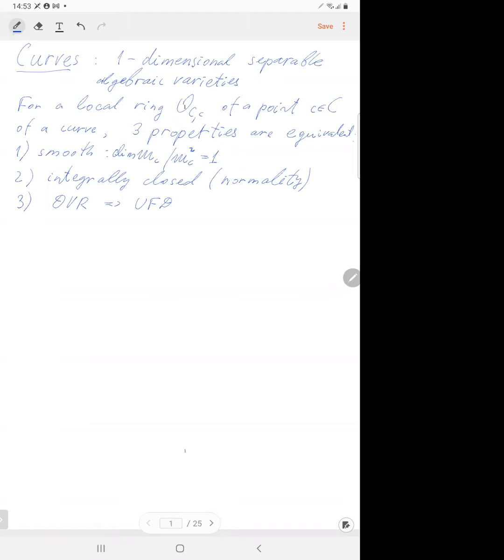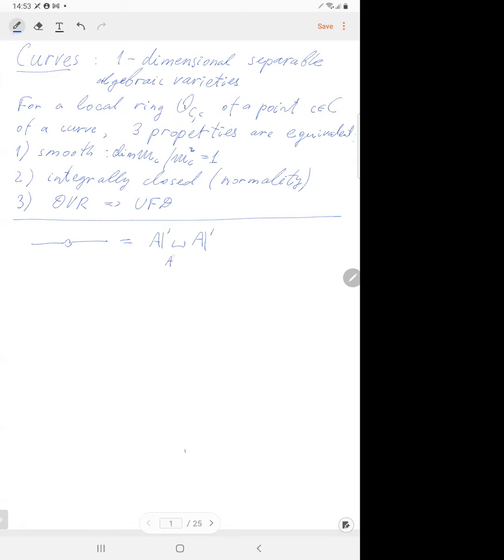That's the canonical example that is always drawn like this, sort of raviolo. So it's two copies of A1 glued along the punctured A1.